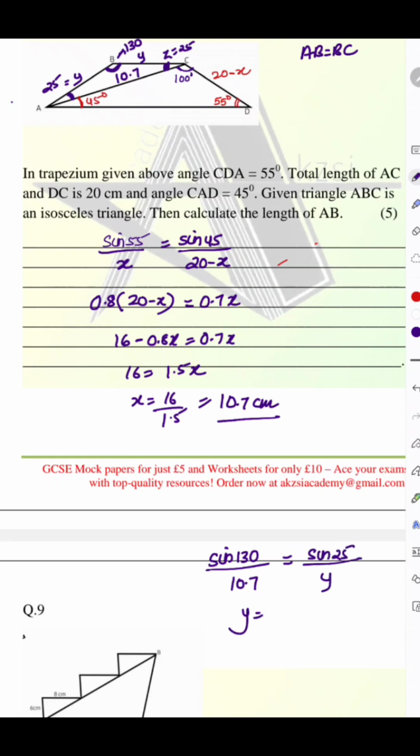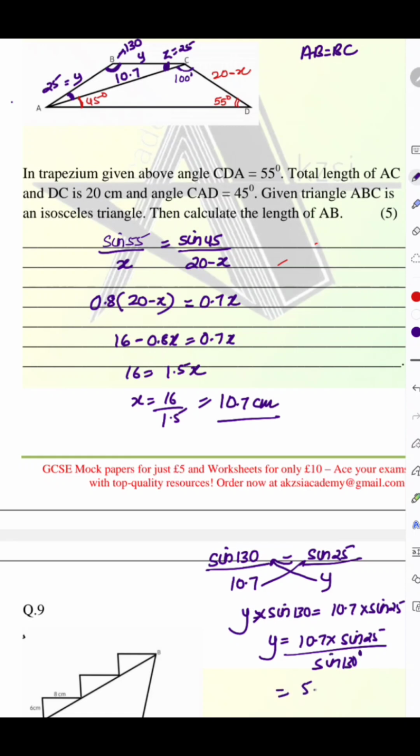So I'm just cross multiplying this one, so y times sine 130 is equal to 10.7 times sine 25, and y is equal to 10.7 times sine 25 over sine of 130 degrees, which will be equal to 5.9 centimeters. So this is the value of AB.